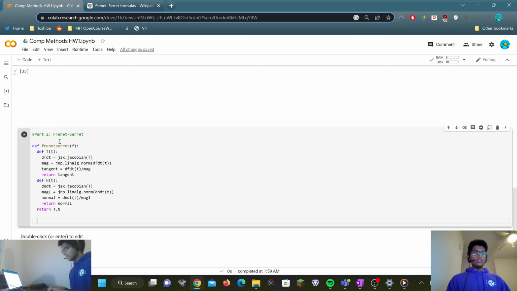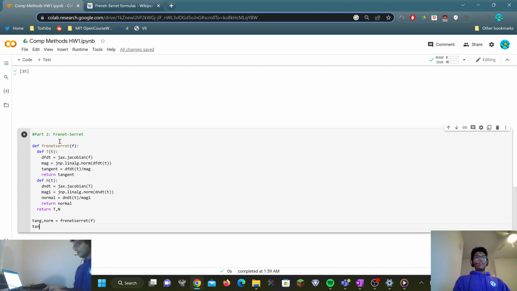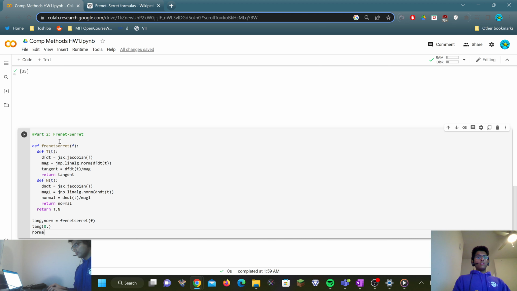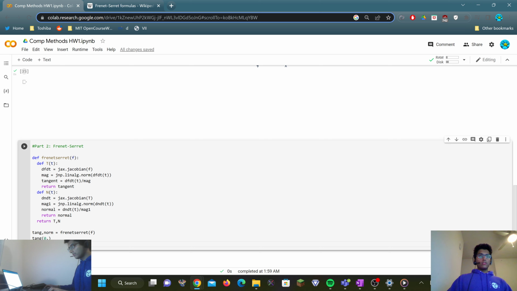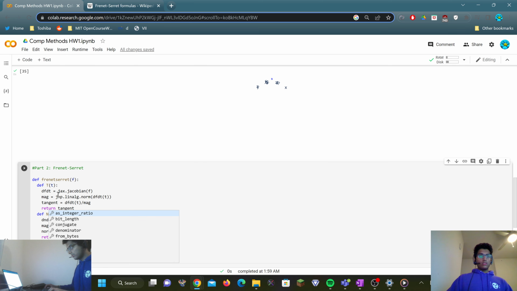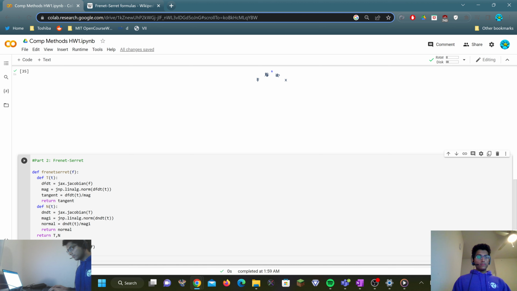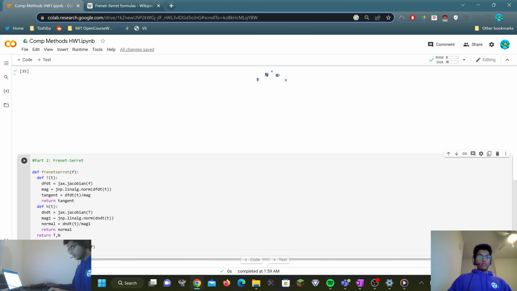So how do I use this? Let's just say tang and norm equal Frenet-Serret of f. And then I want to find the tangent vector at 0 and the normal vector at 0. All right, please work.